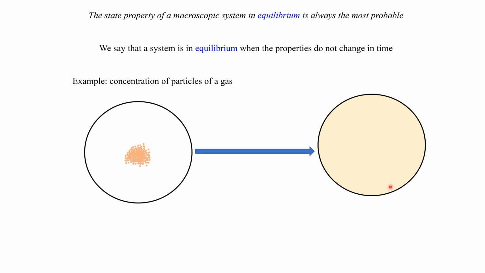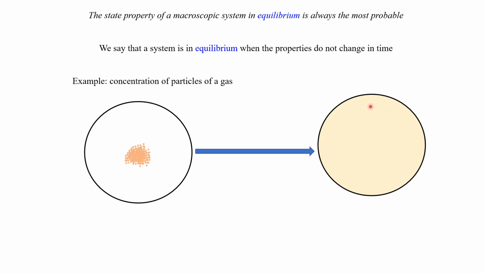And if we do not do anything to the system, the concentration will remain uniform forever. It will not spontaneously go back to this kind of concentration. So this is a property of equilibrium. We say that the system reached equilibrium because the property is not changing in time.